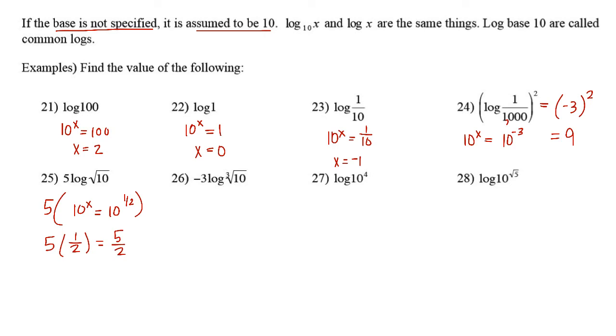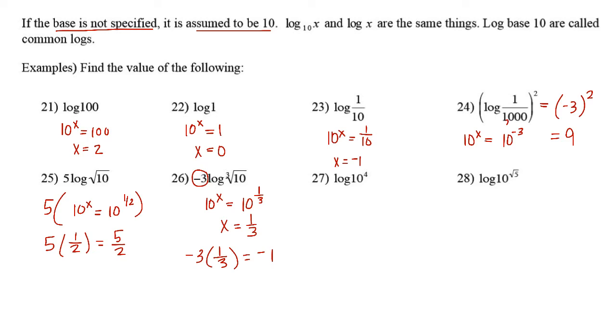Okay, moving on to the next problem. And so hopefully we see here we have 10 to some power equals 10 to the 1/3. So x would have to be 1/3, but then we had our -3 that we were multiplying here. So -3 times 1/3 is going to give you -1.